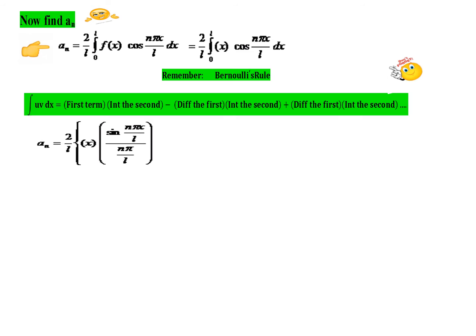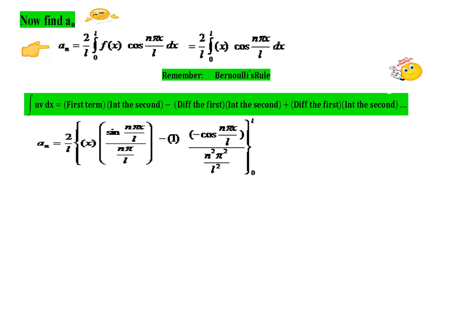So here that a is n pi by L, minus differentiate the first. So x, when we differentiate, 1, into integrate the second. Sin, when we integrate, minus cos. So minus cos n pi x by L divided by, again n pi by L will come. So already one n pi by L is there, so totally n squared pi squared by L squared.